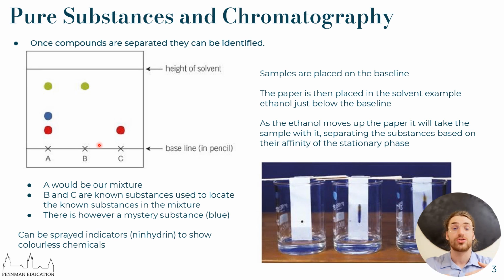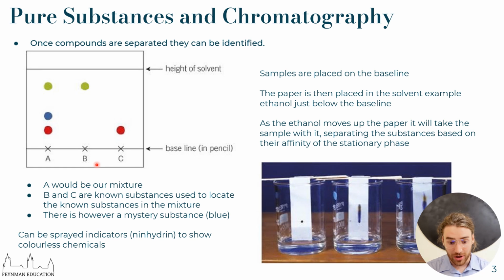We want the solvent to carry them up the chromatography paper. So we're going to place our samples onto the baseline. Usually what will happen is we are going to have two known samples and one unknown sample, which will be the mixture. The two known samples will be either a known mixture or pure substances.